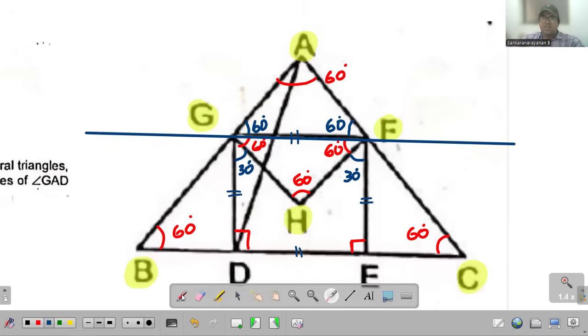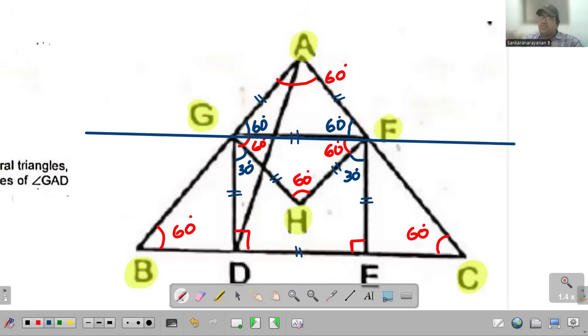It is given in the question. So I can consider these measurements also will be equal. We can see GH here. We can see FH here. These measurements are also equal. Lengthwise GH and FH should be equal, right? And look at this triangle AGF, it's equilateral. So we can consider that these lengths are also equal. AG and AF, they are equal.